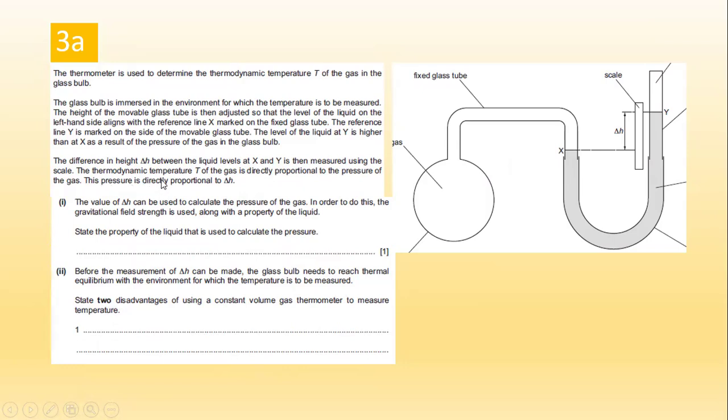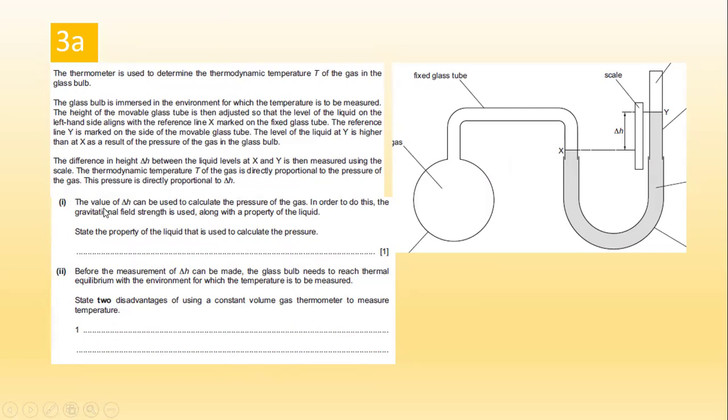The pressure is directly proportional to delta H. Within your syllabus, even if it doesn't come out in the syllabus, as long as they explain to you how it works, then you're supposed to know how to use it.